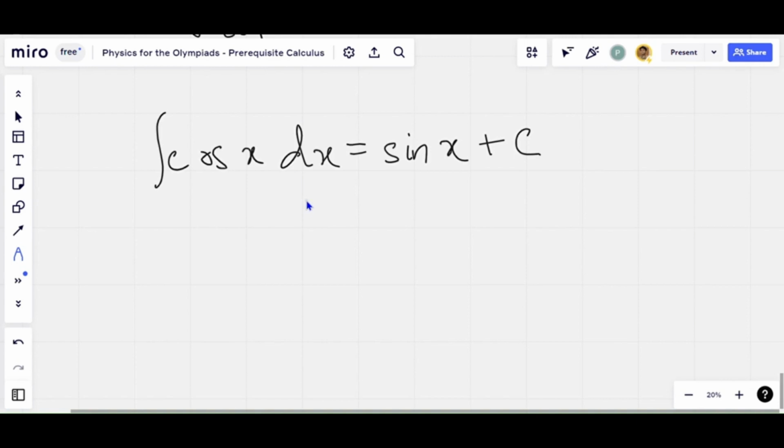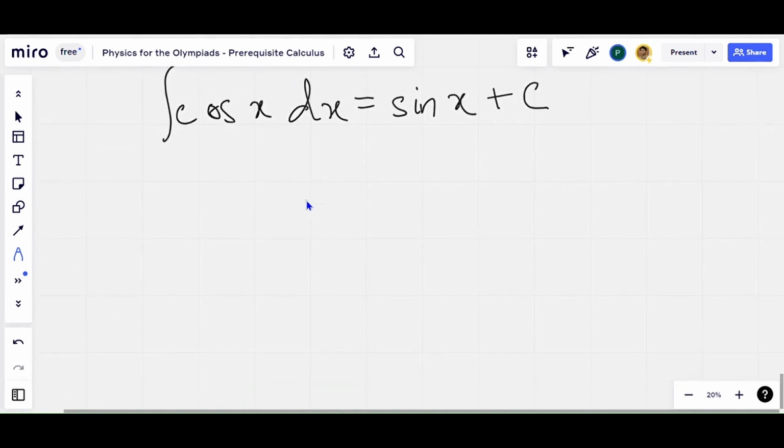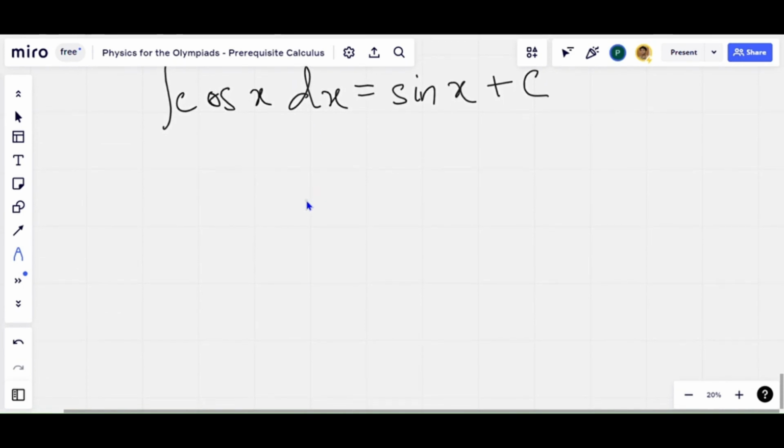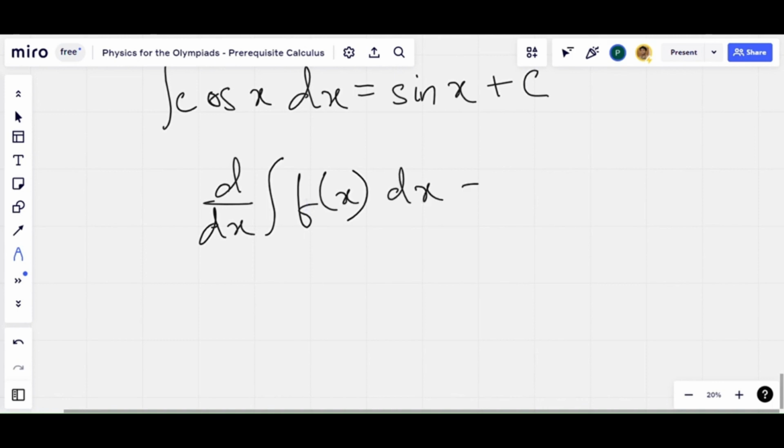Now let's move on to some properties or identities of integration. There are mainly three formulas in integration. The first one is d by dx of integral f of x dx is equal to f of x. In other words, the derivative of the integral of the function is the function itself.